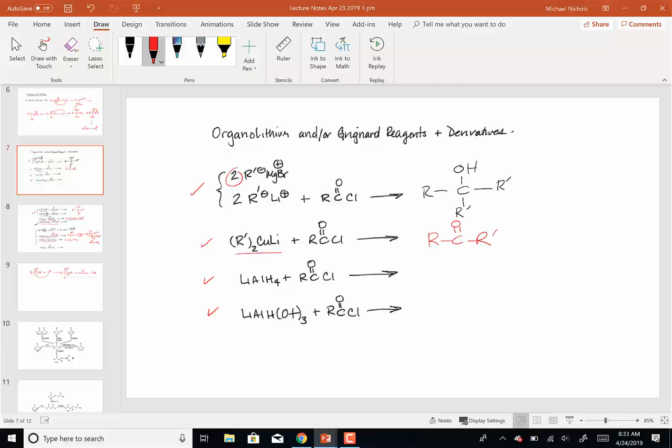When we do hydride, lithium aluminum hydride has how many H minuses? 4. So that means I can max out the number of hydrogens that get added. So when I take an acid chloride and I react it with lithium aluminum hydride, what do I make? Primary alcohol. I make the primary alcohol because I'm maxing out the number of hydrogens that I'm adding.